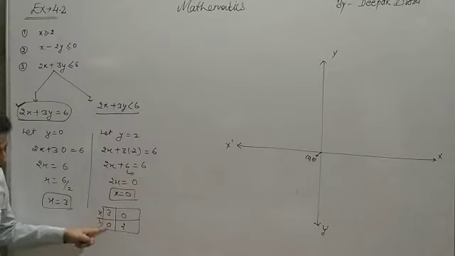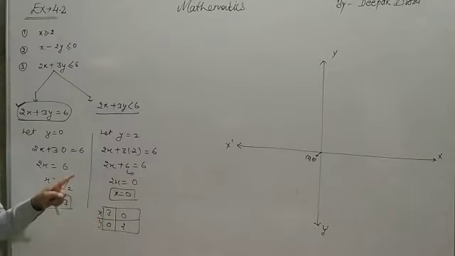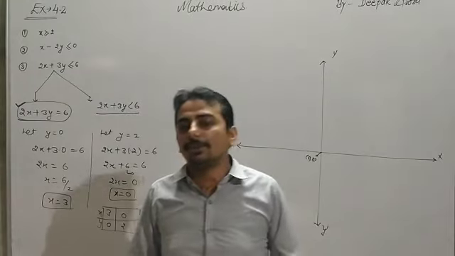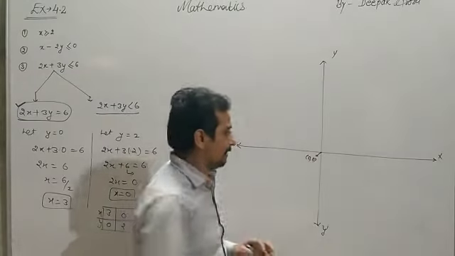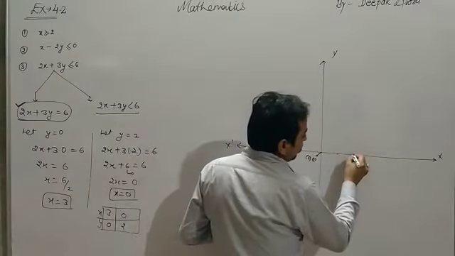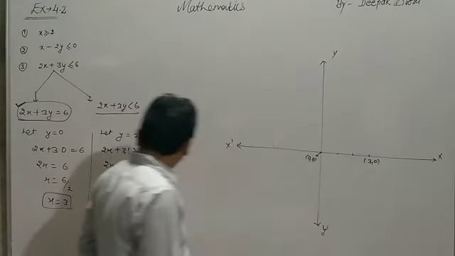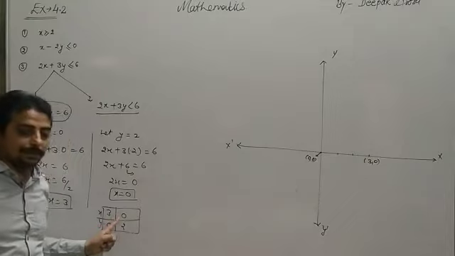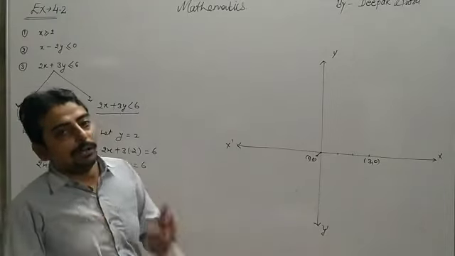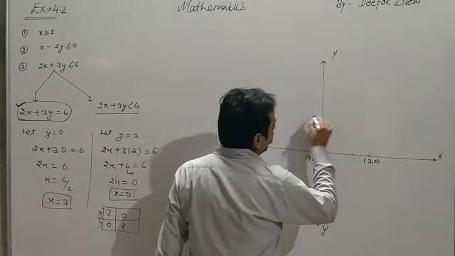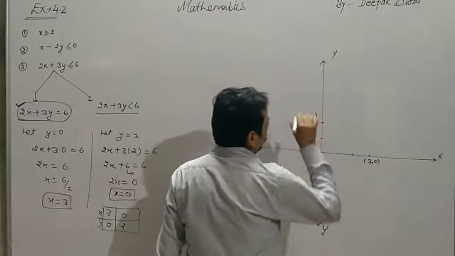When y is 0 and x is 3, the point (3, 0) is situated on the x-axis. When x is 0 and y is 2, the point (0, 2) is situated on the y-axis.